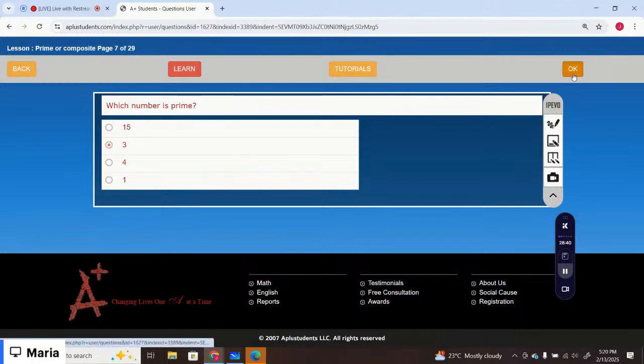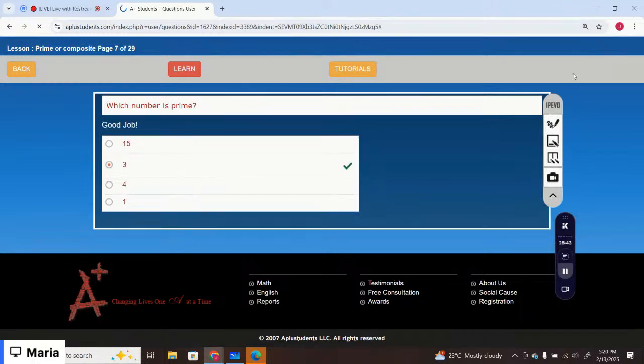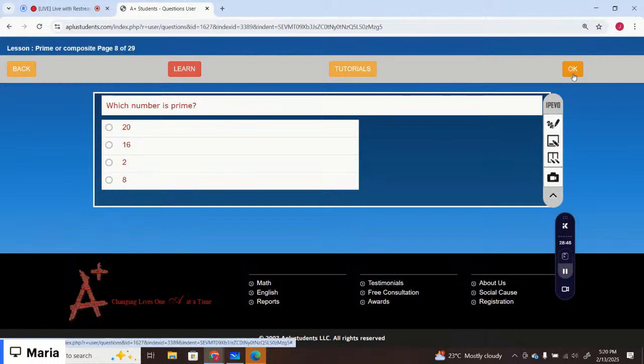The correct option is 3. Which number is prime? The prime number is 2. The correct option is option 2.